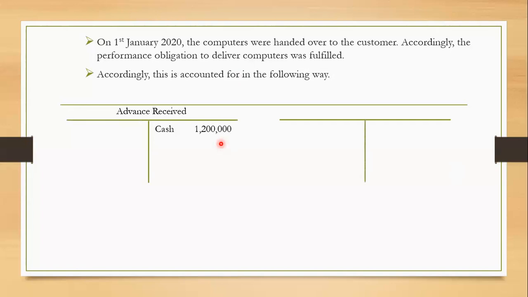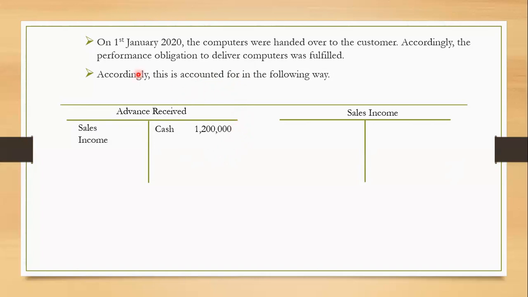Therefore, we have fulfilled one performance obligation. Therefore, we are entitled to recognize the revenue allocated to that performance obligation. If you can remember, out of the total transaction price, we have allocated an amount to our first performance obligation, which is to supply 100 computers. So how are we going to account for that?